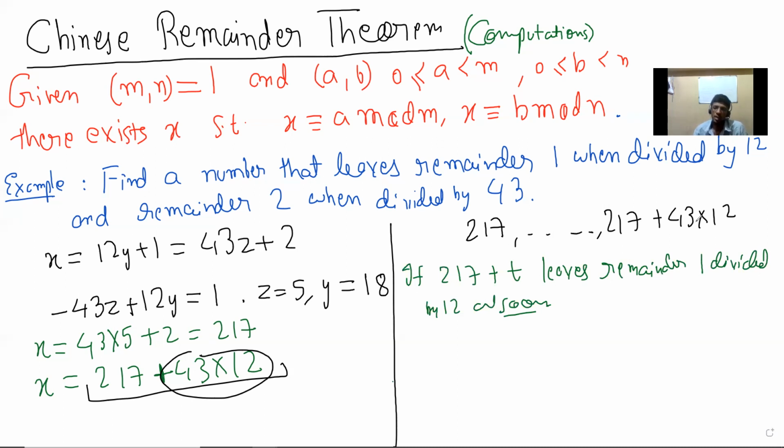It's not hard. What remainder will 217 plus t leave when divided by 12?